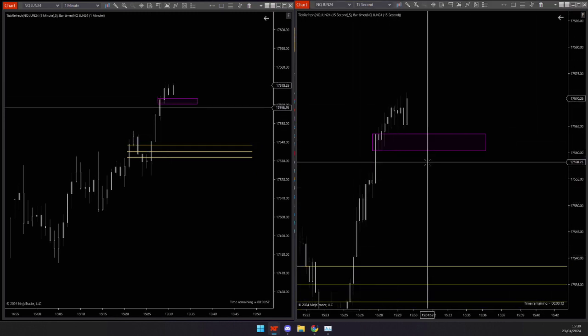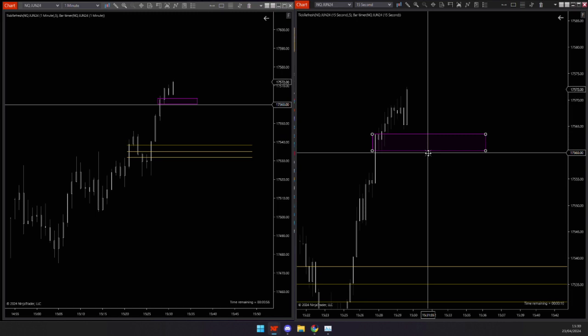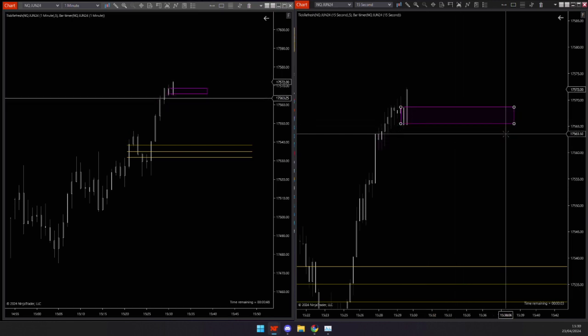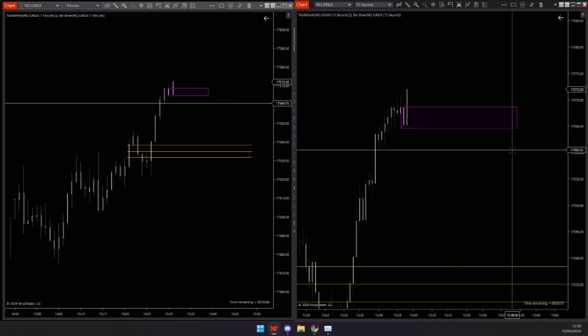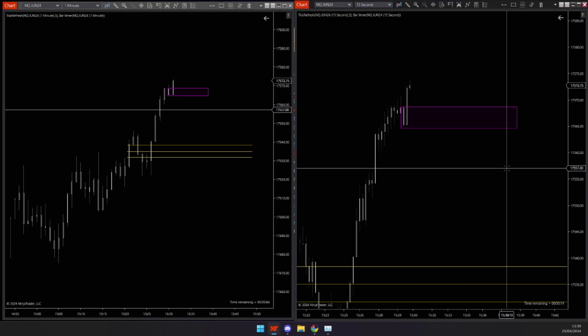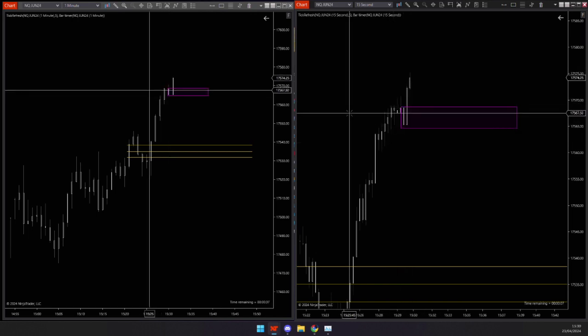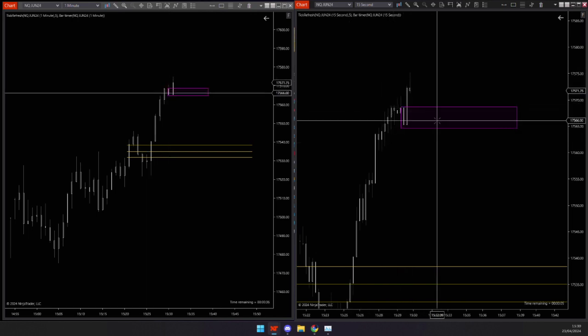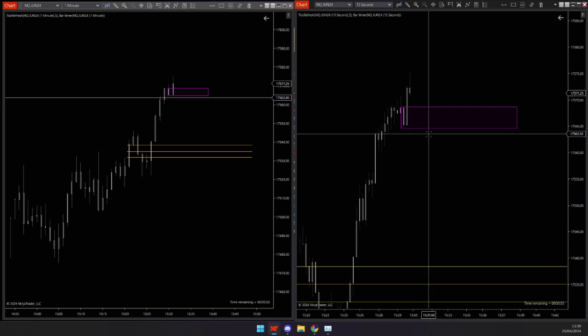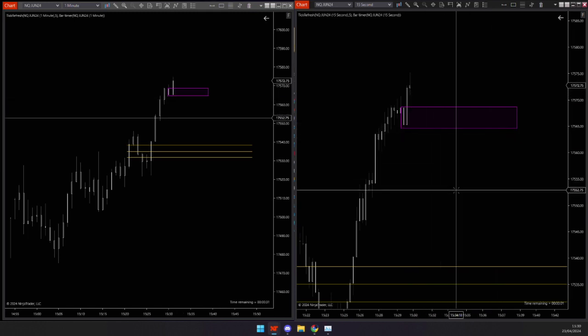Oh, we didn't touch the zone. A violation of this zone. Are you talking about this one here? Yeah, so if it came back and closed below that zone, then that would be the top of the range form.